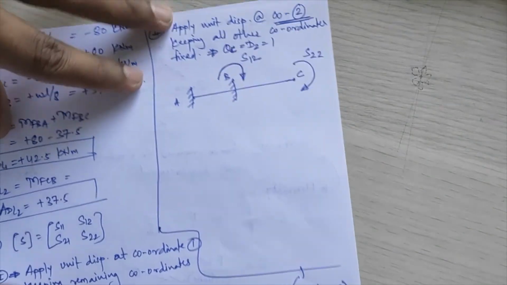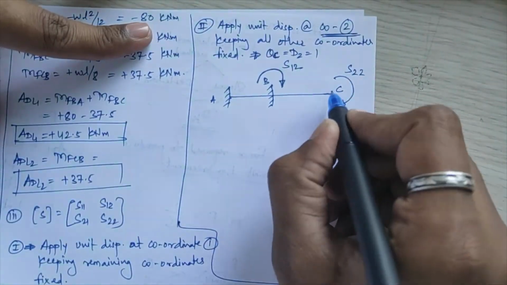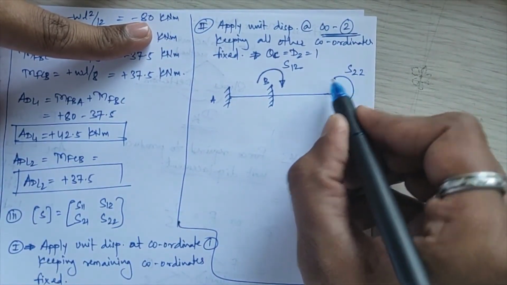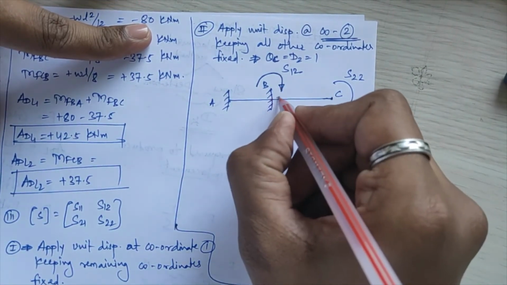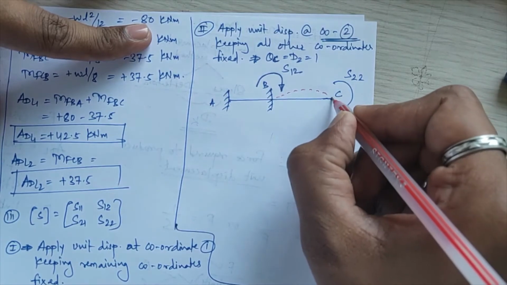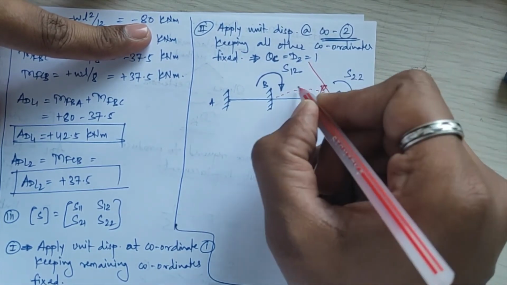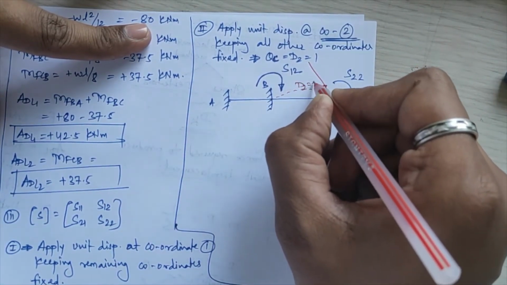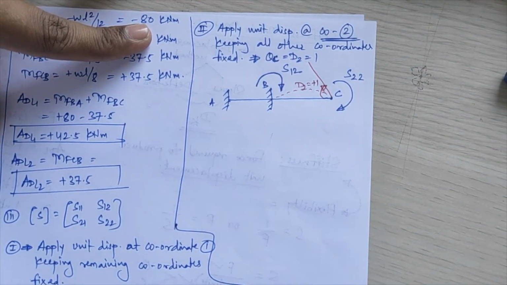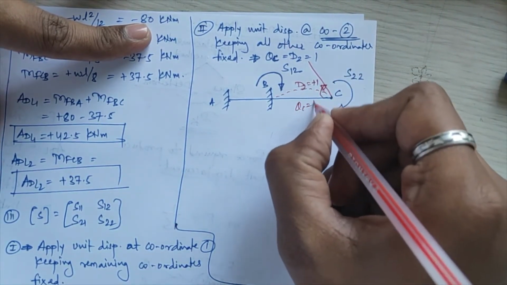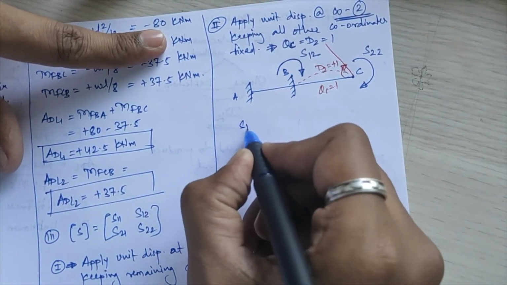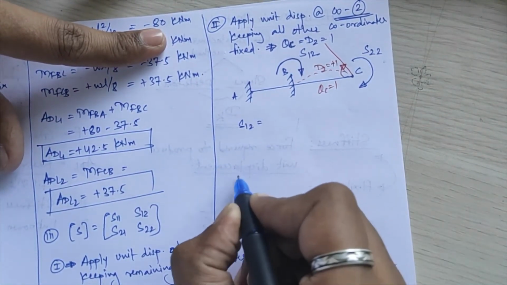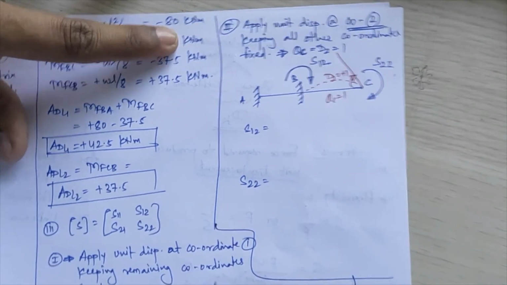If I see this deflection pattern, this is a clockwise moment originating from the upward side. So the deflection pattern will be from the upward side, which will show D2 equal to positive 1 now, or you can say theta C equal to 1 there. Now I will calculate these values, that is S of 1, 2 and S of 2, 2. First the 2, 2 value.